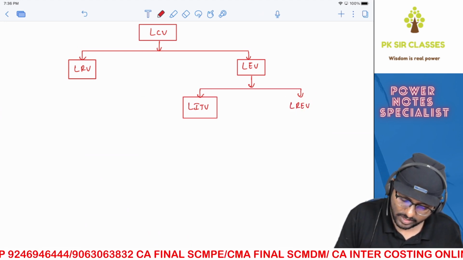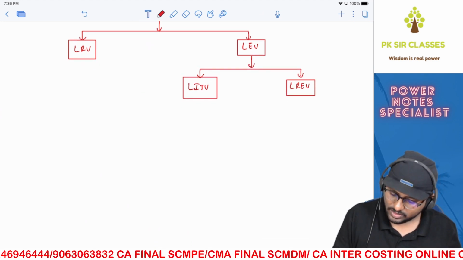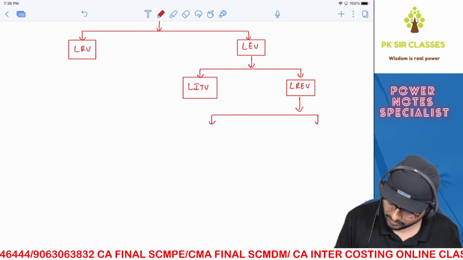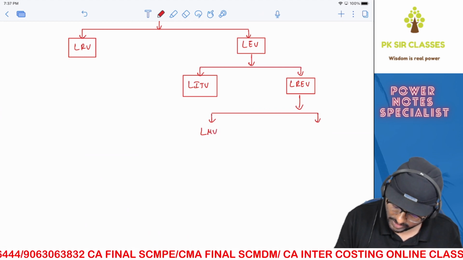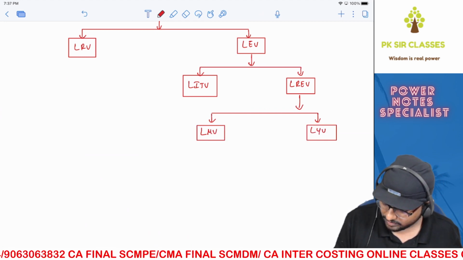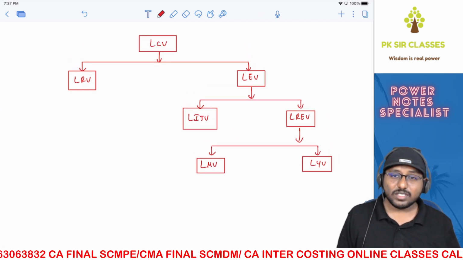What is the name here? Labor revised efficiency variance. You got this? Now labor revised efficiency variance will be further divided into labor mix variance and labor yield variance. You got this? This is how it's going to work.